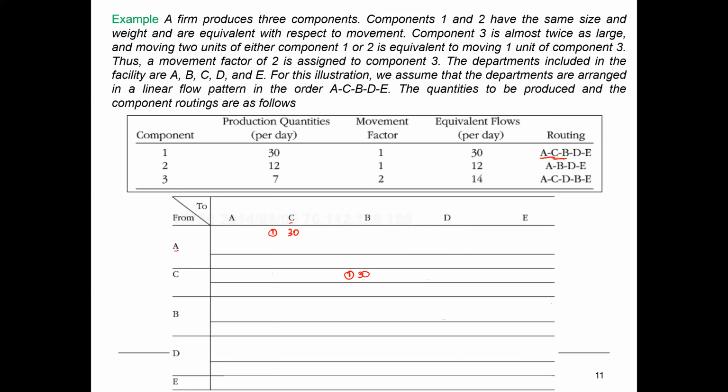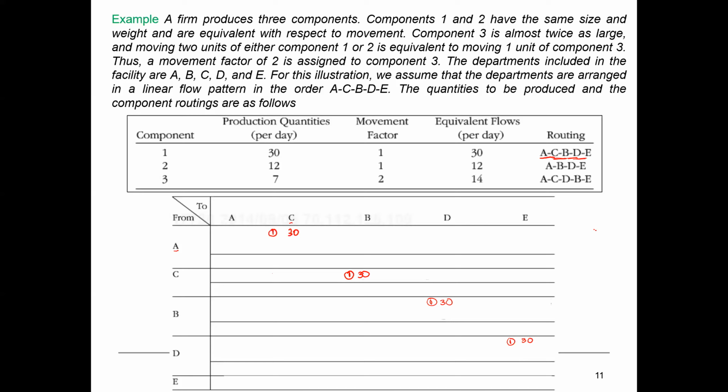And then we go from B to D, also 30. And then from D to E is also 30. So D to E for component 1 is 30. Okay, so we are done with component 1.